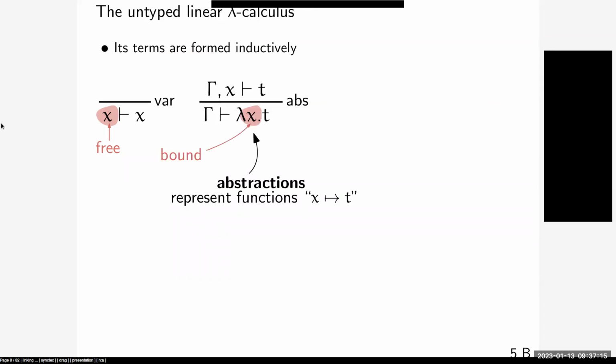And so if you can derive some term t from a context gamma together with a free variable x, then we can also derive the term lambda x dot t from the same context by deleting this free variable x. Here we say we have the case of abstractions, where x is bound by this lambda, and these are supposed to represent functions which take some input x and execute whatever is written in their body t.